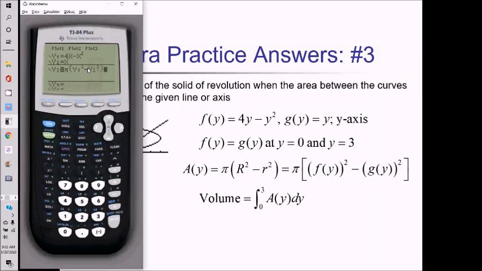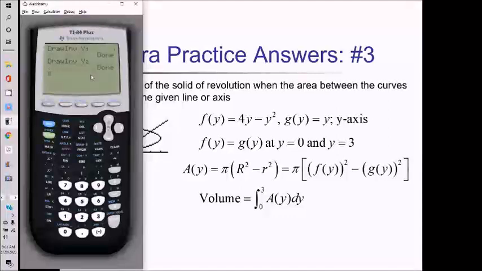The reason this is going to work, even though these are functions of x instead of y, is that when I take the integral on my calculator, I'm going to put dx instead of dy. So my calculator is just going to do exactly what this integral is doing, but it's going to use a dummy variable of x instead of a dummy variable of y. But mathematically, it is going to end up doing the same thing, believe it or not.